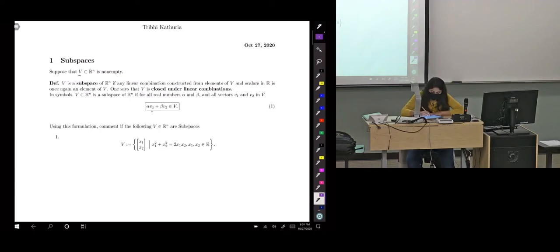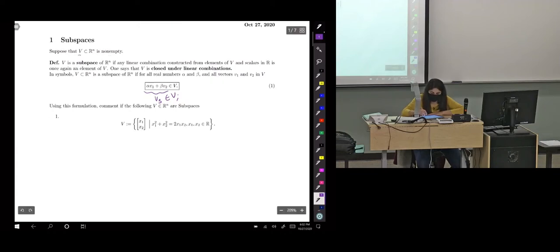If this new element, let's say V3, lies in V, then you can say that V is indeed closed under linear combinations. And if V is closed under linear combinations, then V is a subspace.